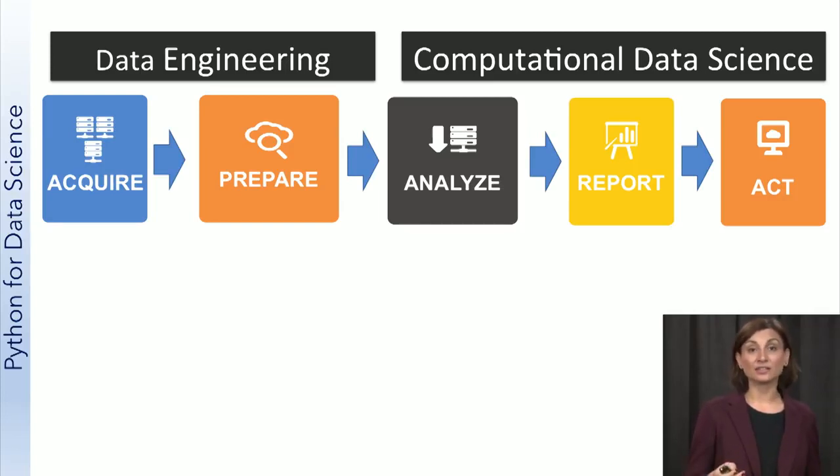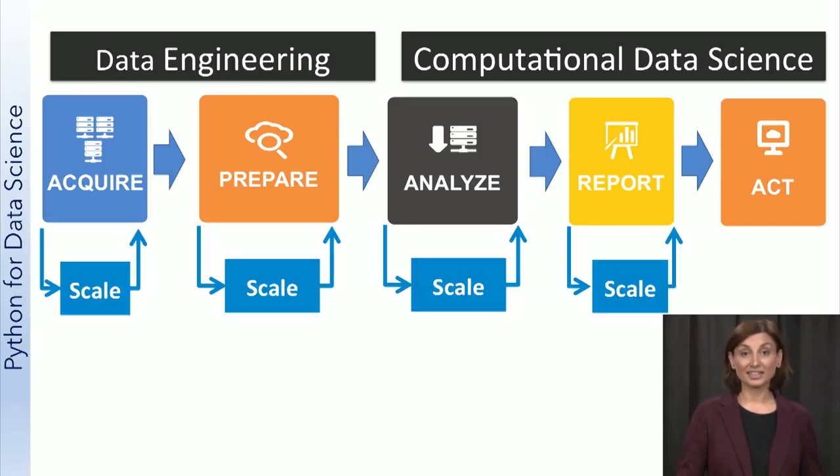A more detailed way of looking at the process reveals 5 distinct steps or activities of the data science process, namely acquire, prepare, analyze, report, and act. We can simply say data science happens at the boundary of all these steps. Ideally, this process should support experimental work and dynamic scalability on big data and cloud platforms.